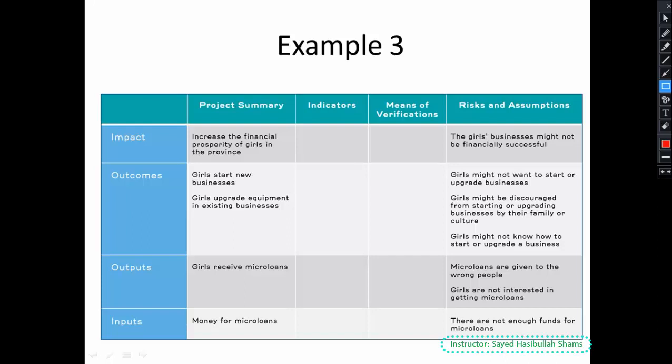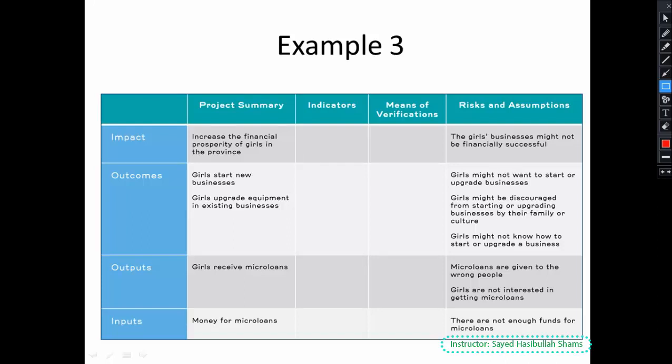Girls might not know how to start or upgrade a business. Or finally, for impact, the girls' business might not be financially successful, as the impact we have defined is the financial prosperity of girls in the province.